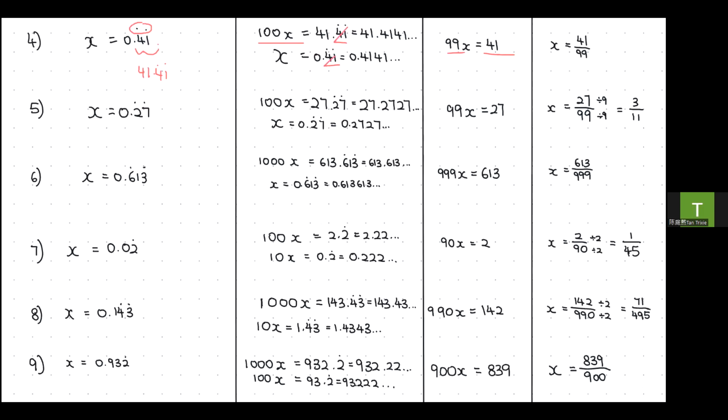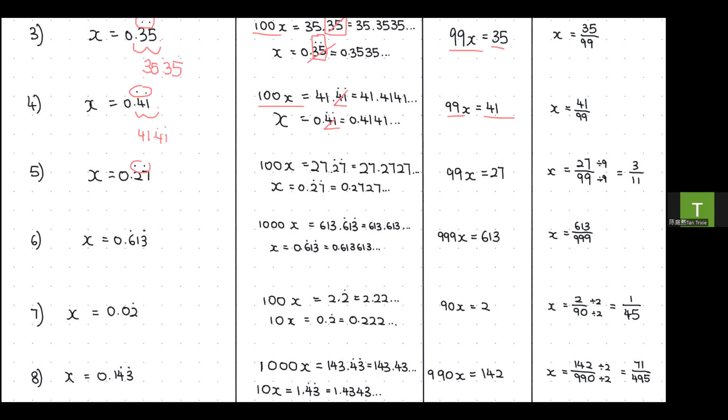Question 5, x equals 0.27 recurring. Also the same thing. Two decimal places, two recurring digits, times 100, move two steps backwards, equals 27.27 recurring decimal. Also x, the decimal, minus: 100x minus x equals 99x, 27.27 recurring decimal minus 0.27 recurring decimal, you will get 27.